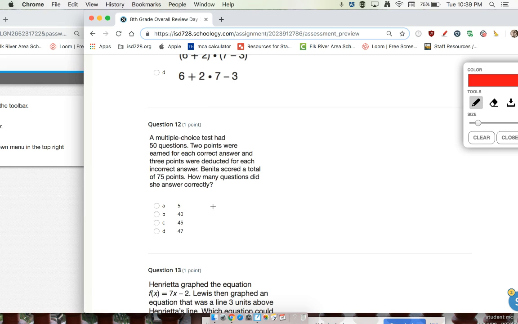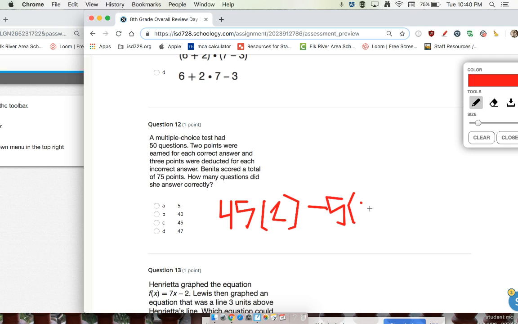Okay, next one. 45. If she got 45 right, then she got 5 wrong. So I would go 45 times 2 for each right one, subtract what she got wrong. And what did she get wrong? 5. 5 wrong, and each of them were 3 points, so you got to times it.